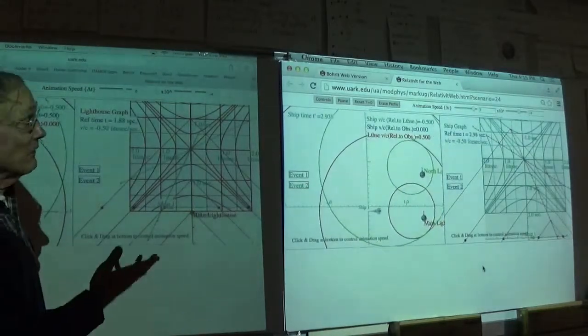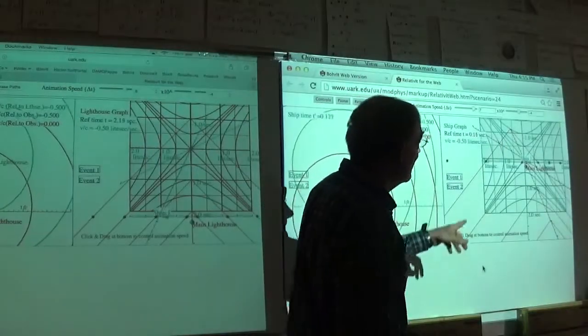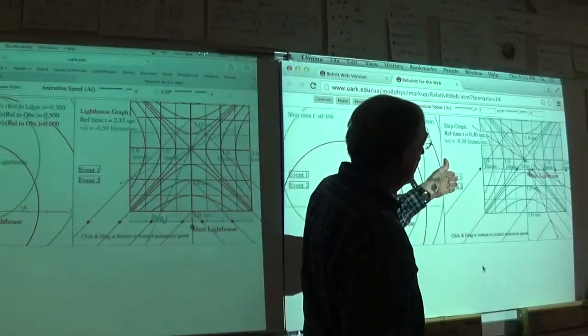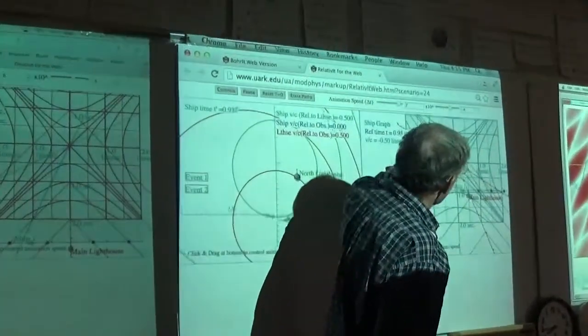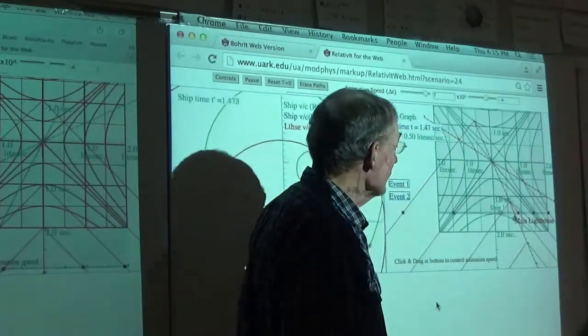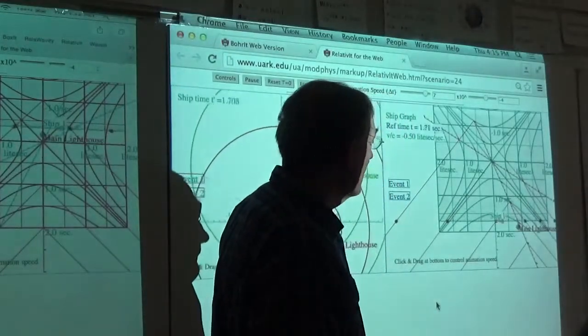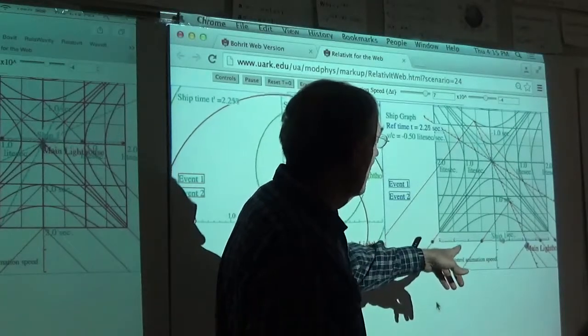Now on the graph, you can see pretty well how this happens. And the best way to do that is to complete the coordinate system here that represents the lighthouse's view of things. So I'll do that, but you can see there we're going to have another blink right there.